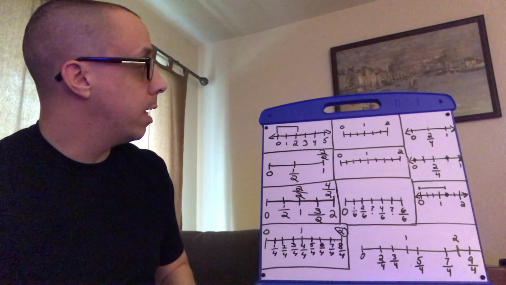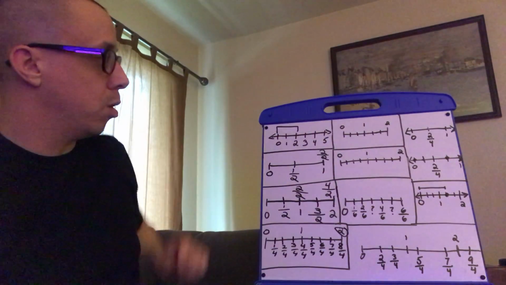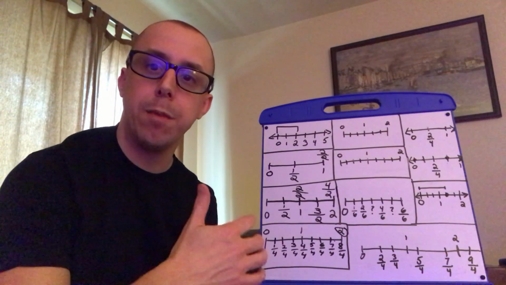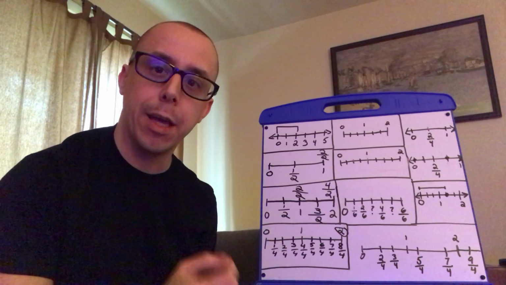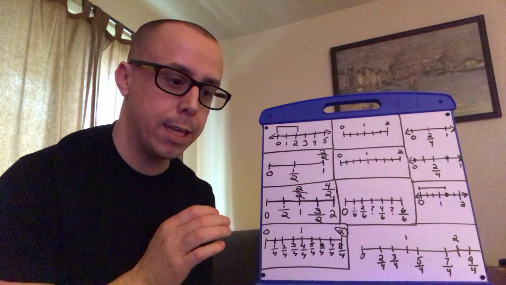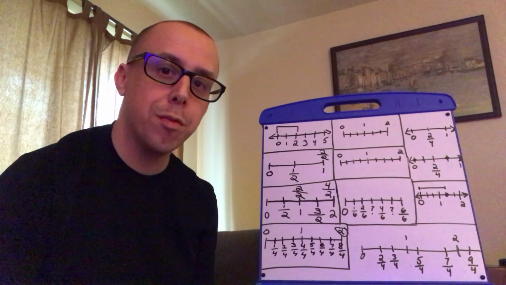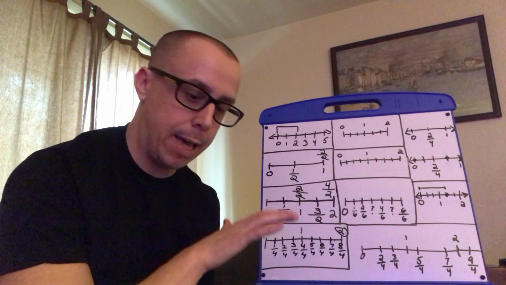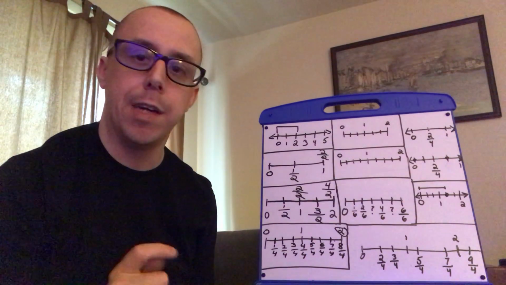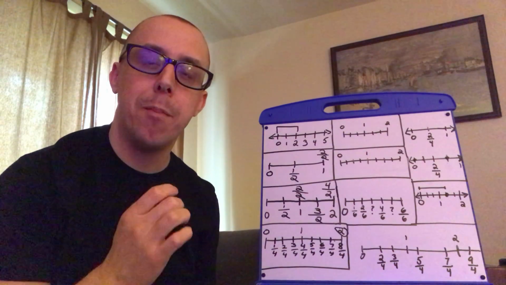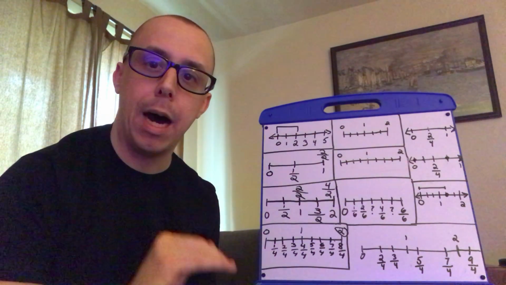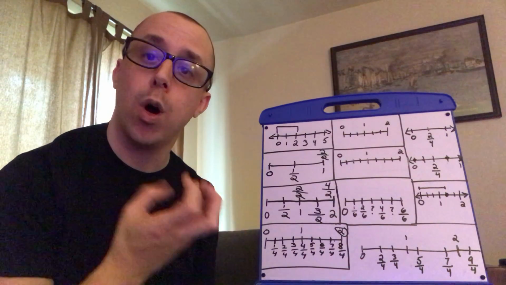Okay, now let's move on to this number line. Again, we're looking between 0 and 1. Very important that you find the denominator first. Let me restate that. When dealing with fractions that go beyond 1, it's very important for you to determine the denominator that you're dealing with, the bottom number or the total or the whole.